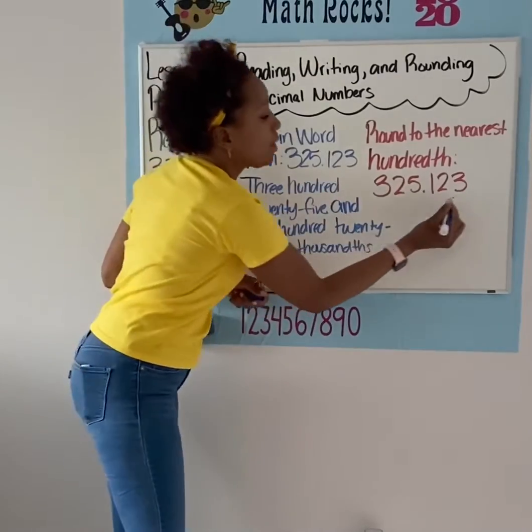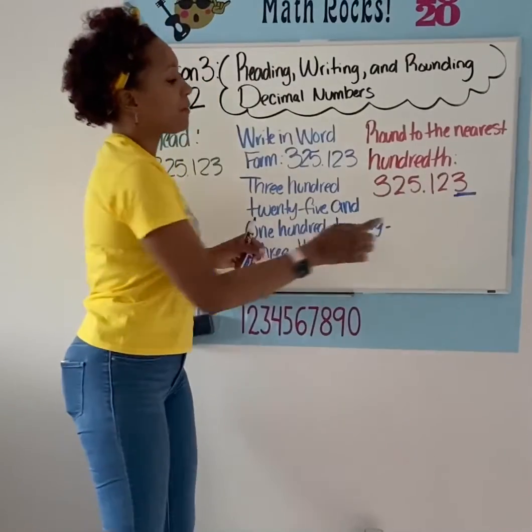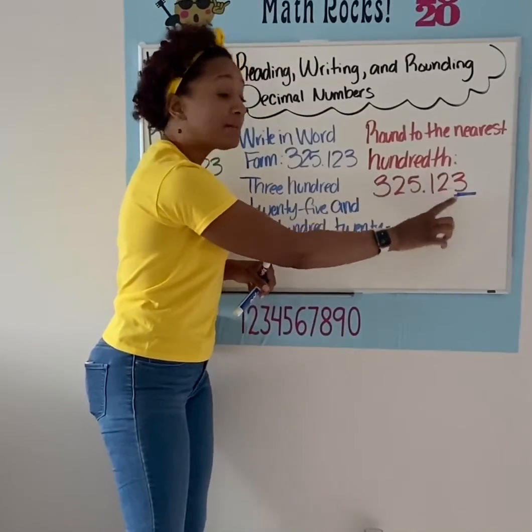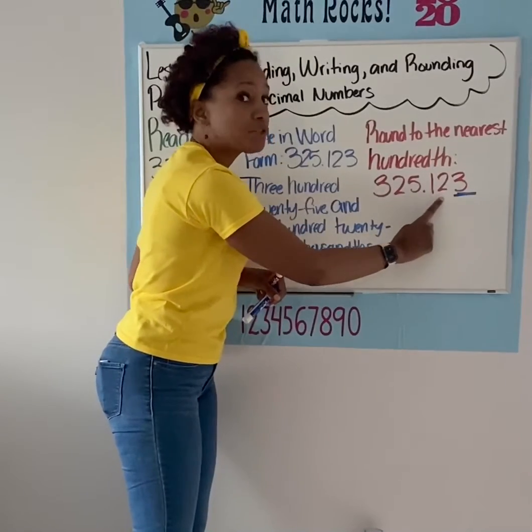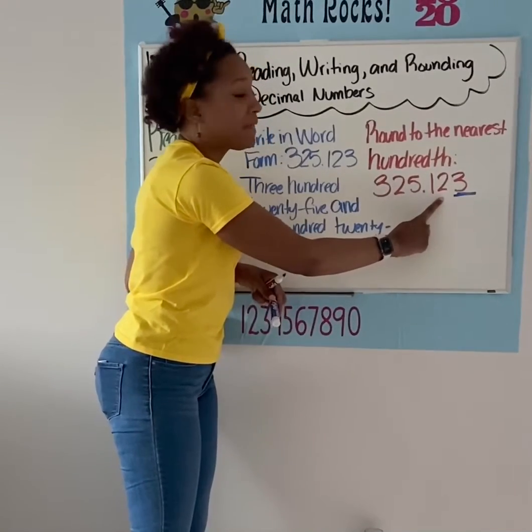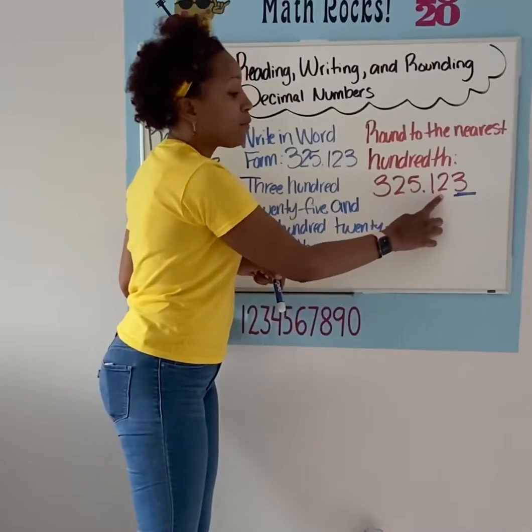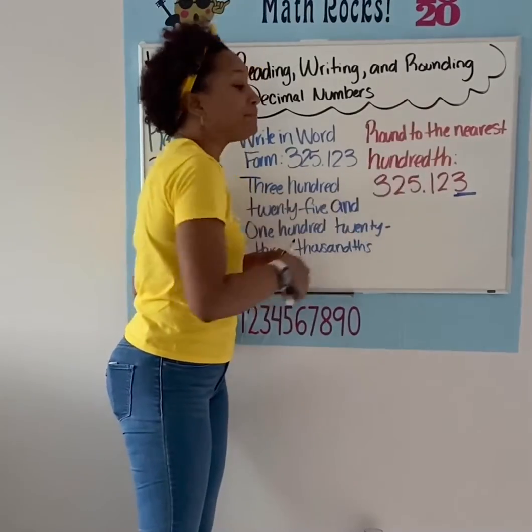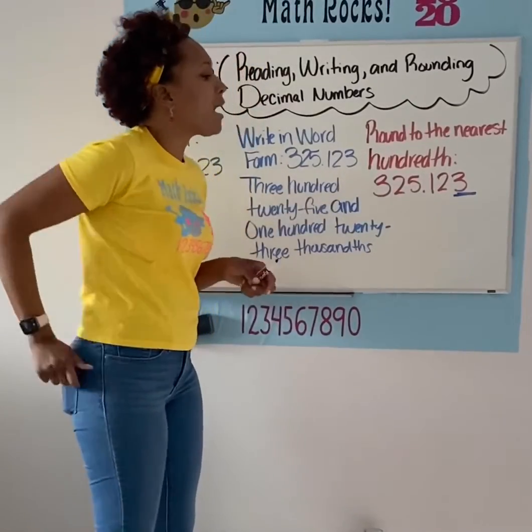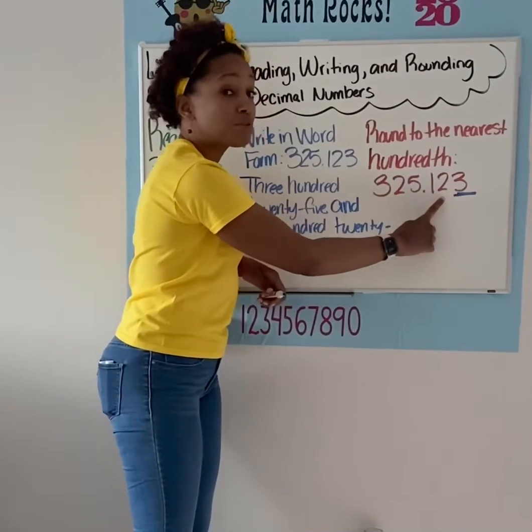So again, you go next door. So if I'm rounding to the nearest hundredth, I'm gonna look in the thousandths place to help me round to the nearest hundredth. The 2 is in the hundredths place. So the number in the thousandths place is gonna determine if I'm going to stay at a 2 or if I'm gonna go up to a 3. So remember, the rules are, if the number next door is 4 or less, you're gonna let the 2 rest.